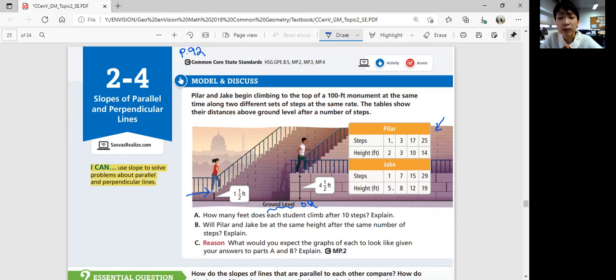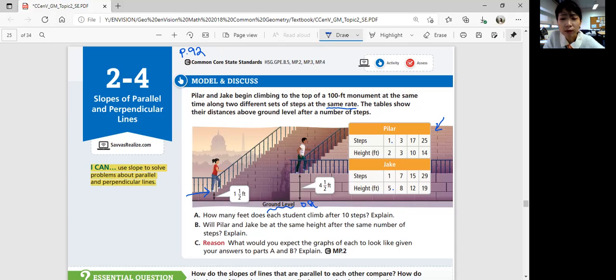First, you need to be able to identify, is there going to be a pattern? Yes, because they have the same rate. If they have the same rate, that means they have a pattern that goes with the number of increasing height, right?